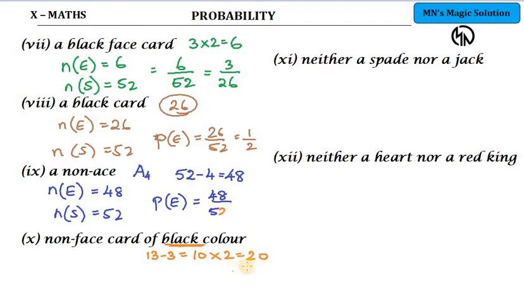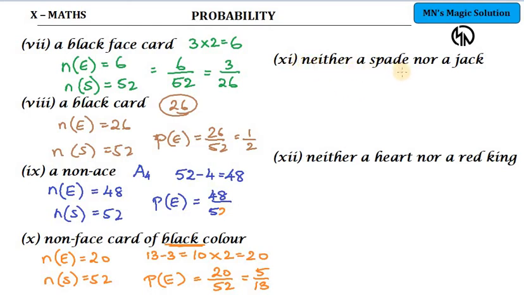So totally you have 20 black cards which are non-face cards. So the number of favorable outcomes is 20 and the number in the sample space is 52. Therefore, the probability of getting a non-face card of black color is equal to 20 divided by 52. This can be written as 5 by 13.